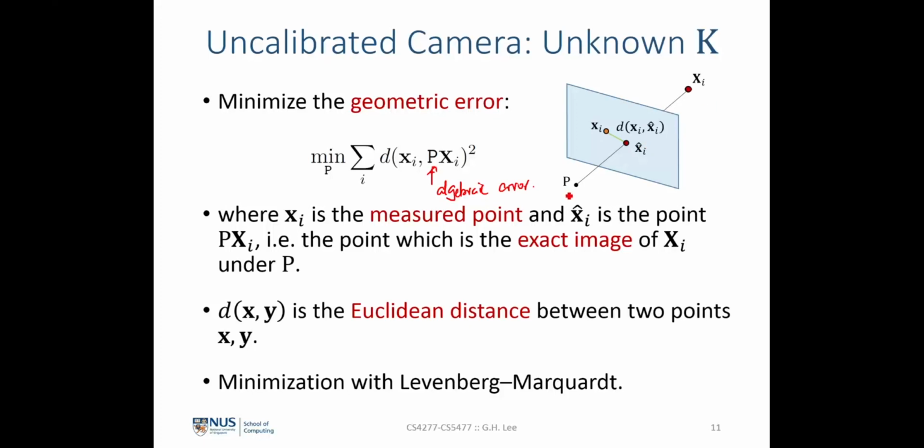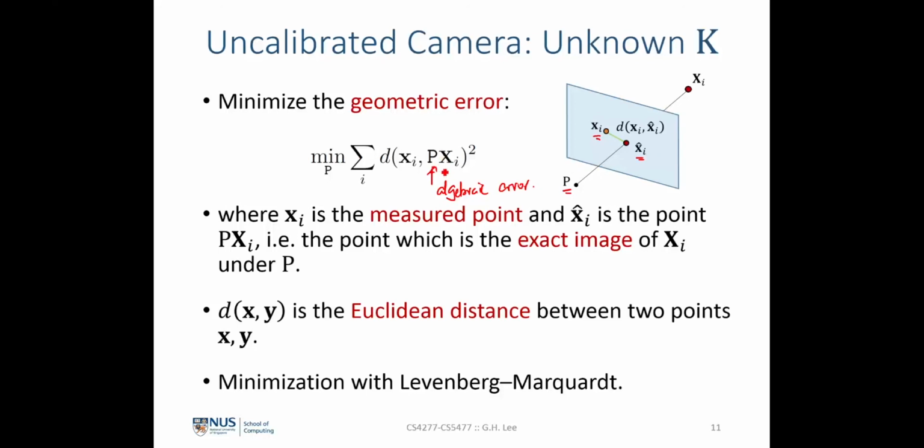Since the camera projection matrix is an estimated one, what this means is that the reprojected 3D point onto the image, which we call X hat, is unlikely to coincide with the measured point, which we call xi here. And hence, there is a certain error in between. This error is given by the Euclidean distance between the measured point and the reprojected point from our estimated camera projection matrix.